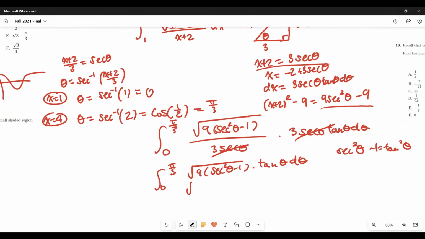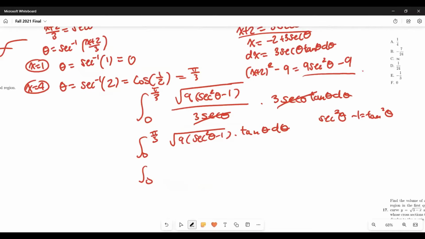So it's going to be the square root of tangent squared theta, so it's easier to visualize. Okay, I'll just rewrite it. 0 to pi over 3, the square root of 9 tangent squared theta times tangent theta d theta.